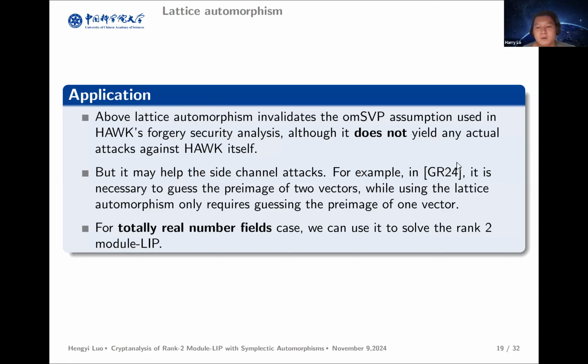For example, in this work, it is necessary to get the preimage of two vectors, while using the lattice automorphism, we only require guessing the preimage of one vector. And finally, in the case of totally real number fields, this approach can apply to solve rank 2 module lattice isomorphism.